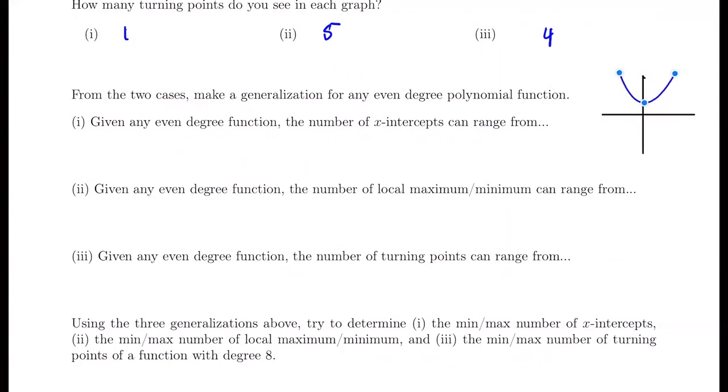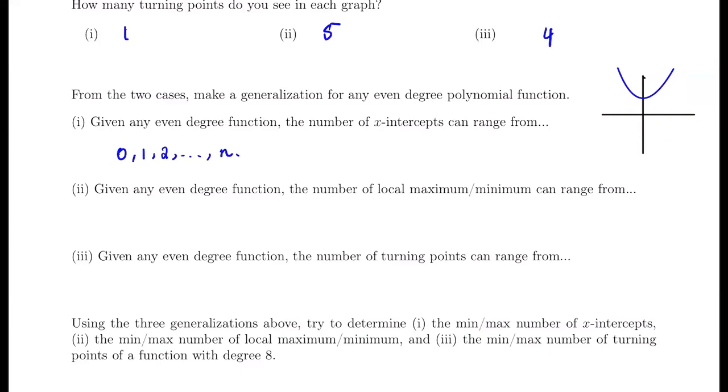So it could have 0 x-intercepts, 1 x-intercept if it touches, and then 2 x-intercepts if it goes below it. And we would see that the 2 arms are touching the x-intercept. So that means we could have 0 x-intercepts to start with, and then it would go all the way until n. So we could have from 0, 1, 2, all the way to n x-intercepts.